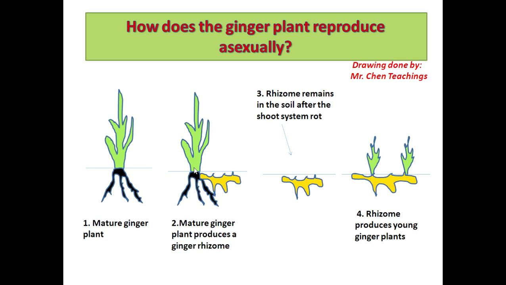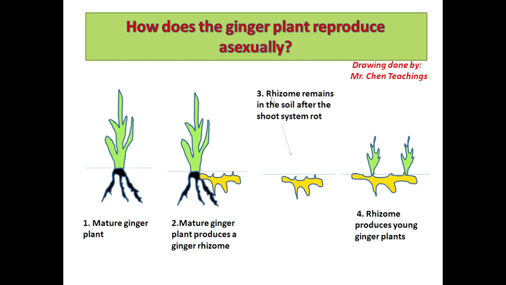So eventually the plant will produce an underground and horizontal stem here, which is the ginger. This is the part that you normally consume, this yellow structure here. So it will be produced underground. Now this ginger is stored food. It has a lot of stored food in it. It also has buds on it. So these areas have a lot of buds, which are young leaves and stems.